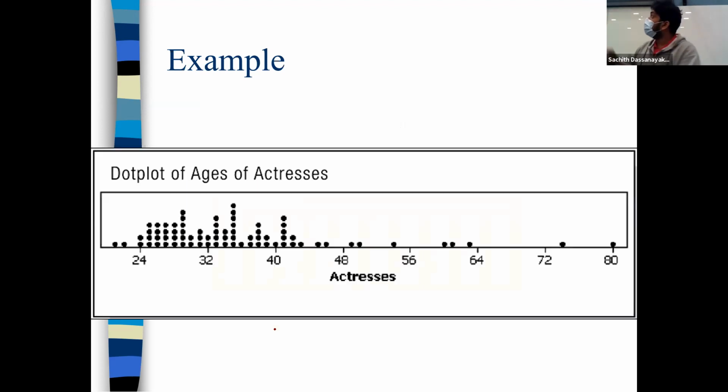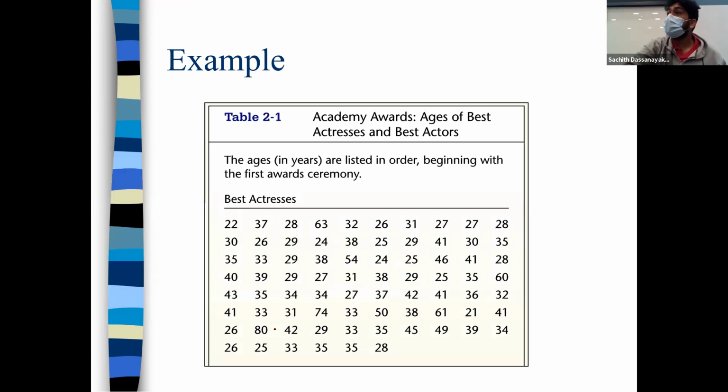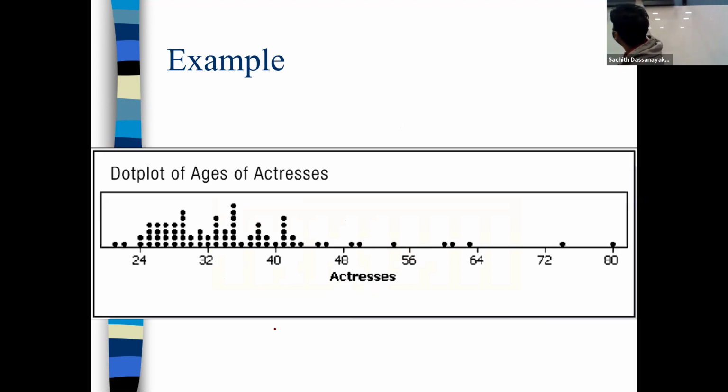like this. See, the scale starts from 20, I think 22, to 80. So all the values have to be mentioned on this axis, from 22 to 80, right? 23, 24, everything is there.